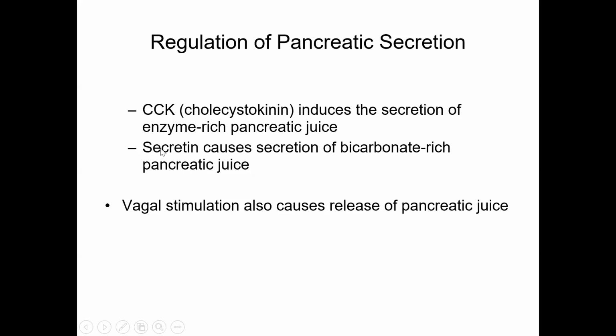If gastric juice becomes more acidic, that's the signal to trigger the production of secretin in the small intestine.